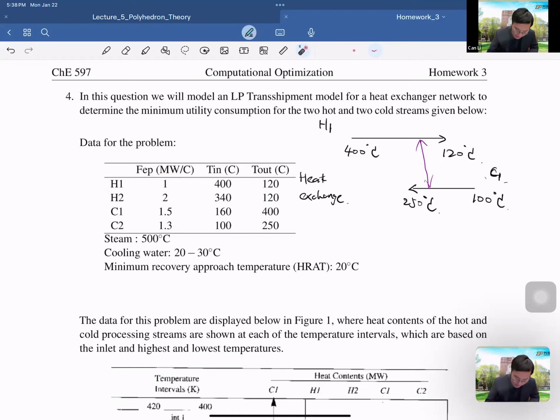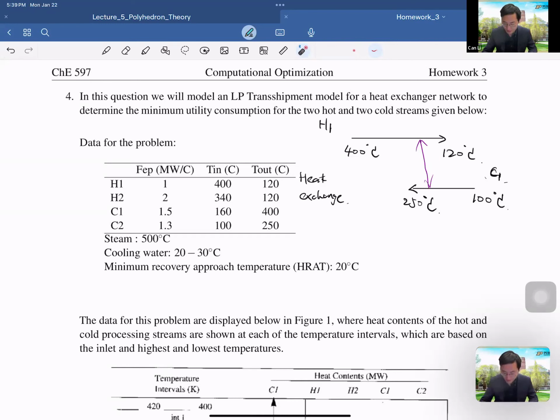So this means you need 1 megawatt energy to decrease the temperature of H1 by 1 degree C, and similarly, we have this value for all the other streams. So it is kind of related to the heat capacity of a given stream, right? And the quantity for sure.